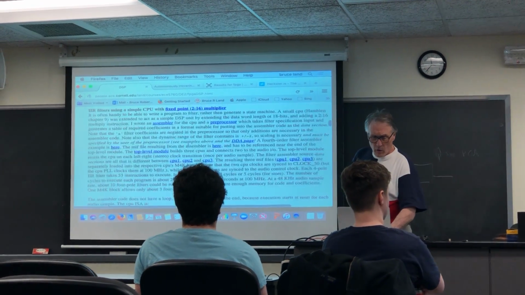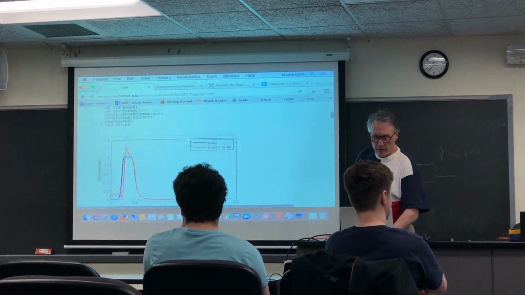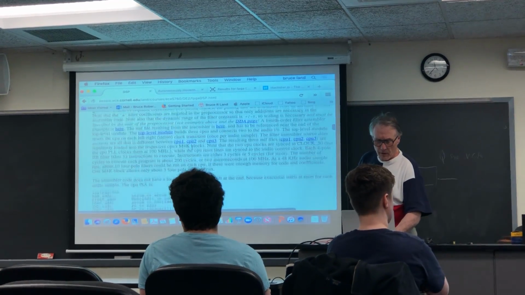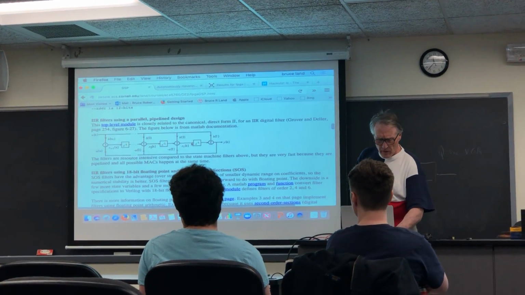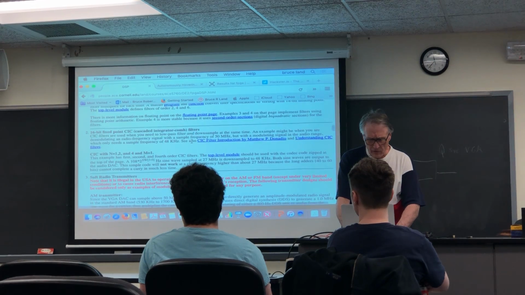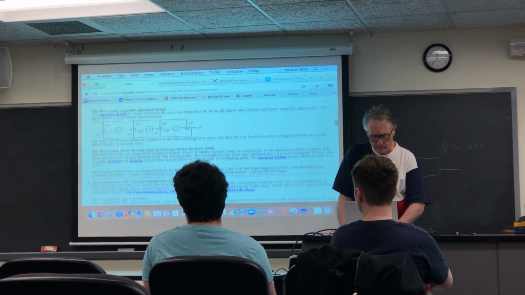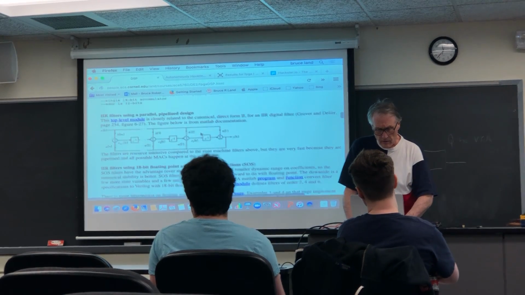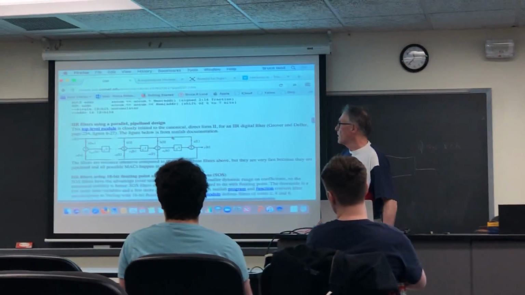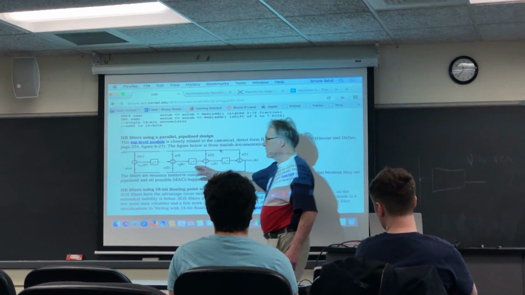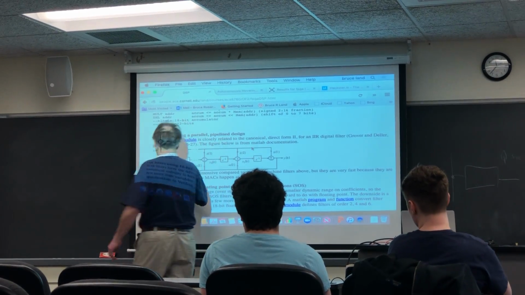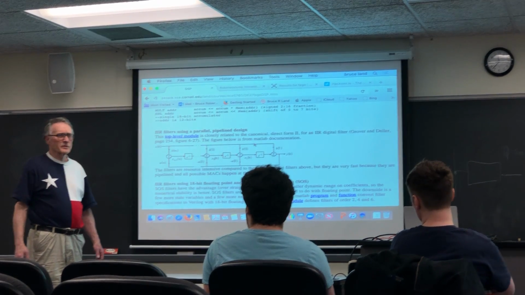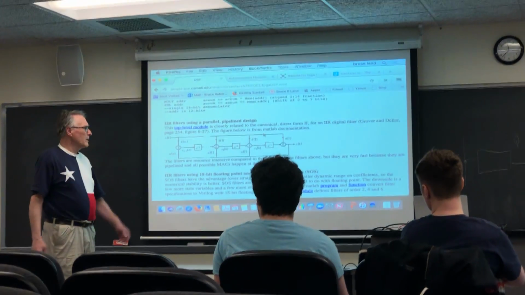For audio work, it doesn't make sense to use a parallel pipeline. The canonical model for building a pipelined IIR filter. Yeah, you know what I mean by IIR versus FIR? Yes, okay.